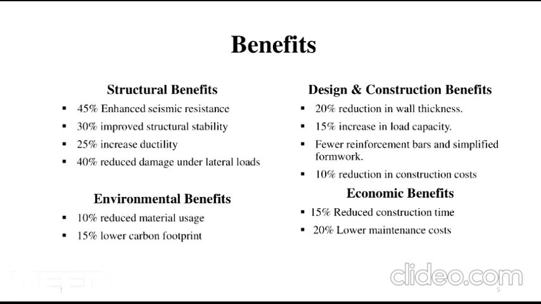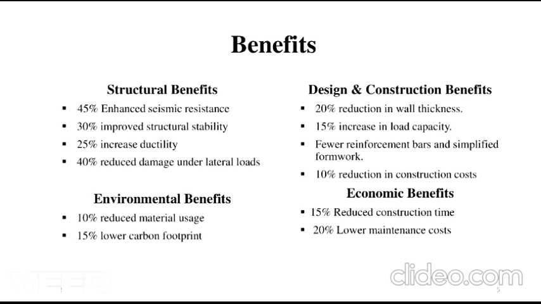The second one is environmental benefits. The SPRC composite shear wall uses 10% less material than the traditional reinforced concrete wall, and it lowers 15% carbon footprint also. The third one is design and constructional benefits.